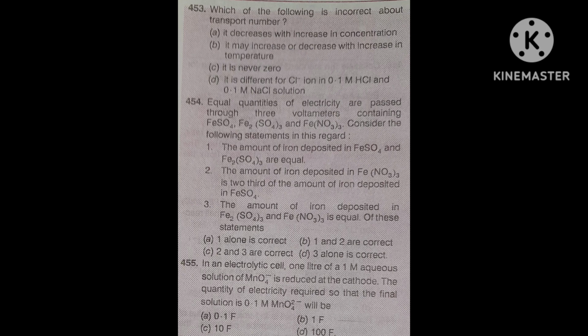Reaction you can see. Fe2+ plus 2 electrons will give Fe. That is a common reduction reaction. Here 2 electrons are involved. Now one more reaction, Fe3+ plus 3 electrons will give Fe.